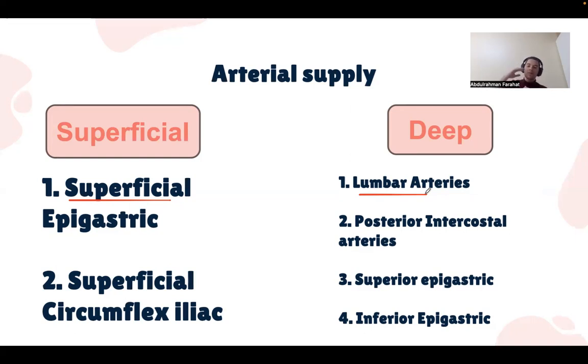And finally, the superior and inferior epigastrics. Once you have a superior, you'll always have an inferior. So essentially, you have 3 epigastrics: the superficial epigastric, and the deep epigastrics, of which you have 2 vessels, the superior epigastric and the inferior epigastric.